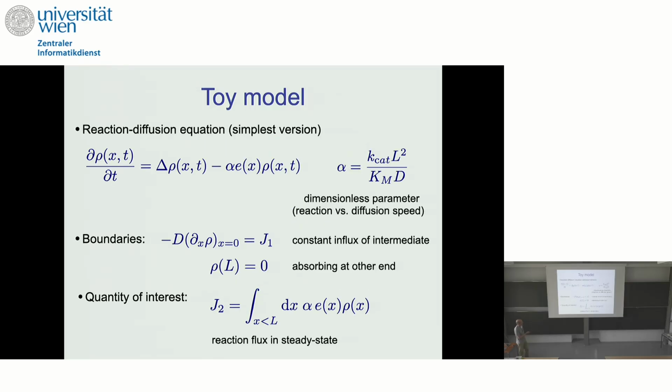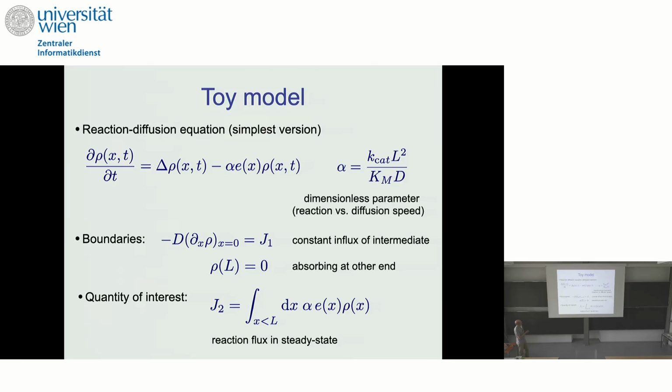So mathematically, this can be written down as a reaction diffusion equation. In the simplest case, it would just be linear. But it's sort of not the standard type of problem that you solve, because now you have this function e of x in the reaction term, which just has a condition that the total amount of enzyme is fixed. So the integral over e of x is finite, a fixed number.